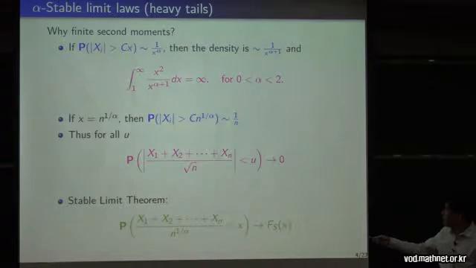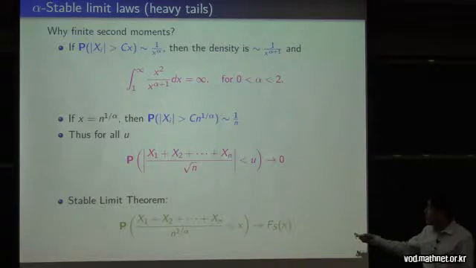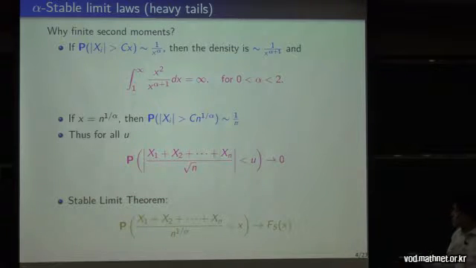Now if you have something of order n to the 1 over alpha, where alpha is smaller than 2, that's bigger than square root of n. Think alpha equal to 1. Then it's just n over square root of n. Of course, that gets too big. And for any u, this probability is going to go to 0 because we disobey this. We diverge here.